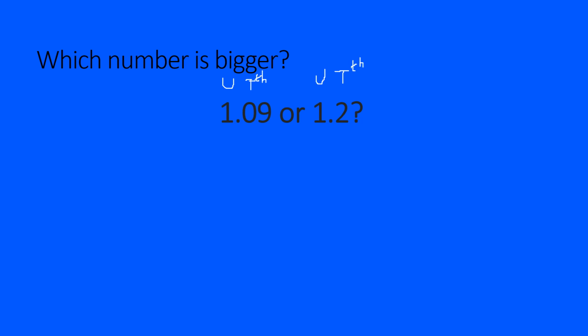Since 2 is bigger than 0, we know 1.2 must be bigger than 1.09. You don't need to continue looking at the number, and we don't need to worry about this 9 because the column on the left, which is the tenths column, is bigger in this number, 1.2, than the first number, 1.09. So remember, always start from the columns on the left.